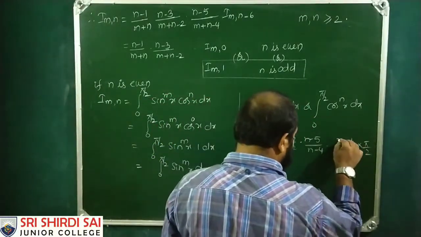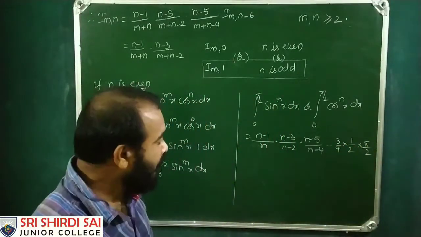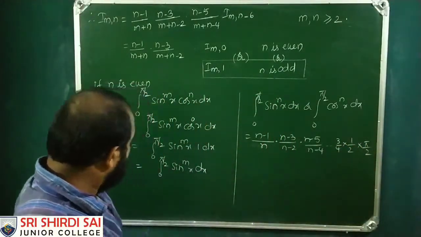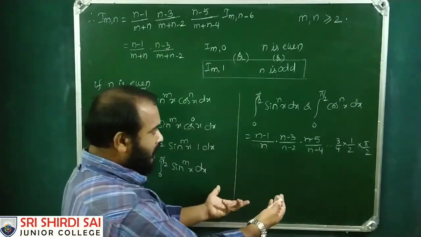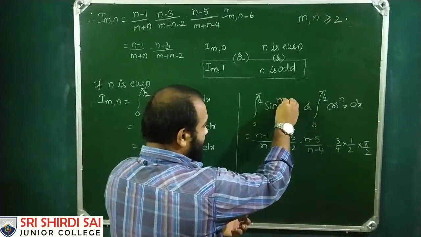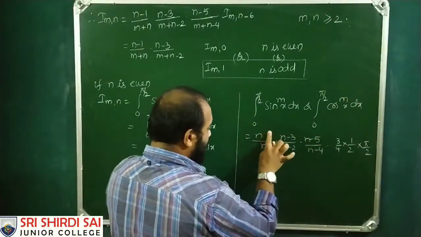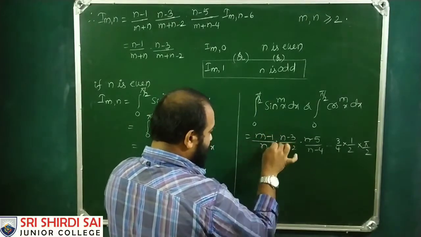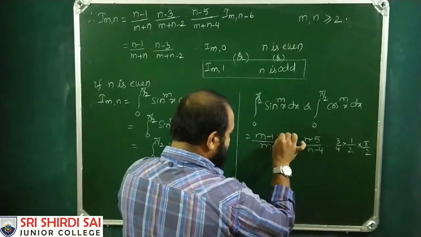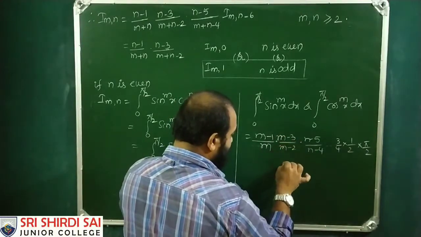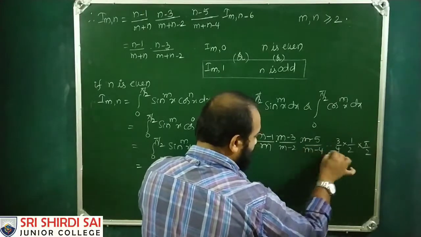If you want the previous term also, I will write 3 by 4 into 1 by 2 into pi by 2. Okay. So now we have sine power mx dx. It won't be changed. If I write m here, then it will be simply m minus 1 by m, m minus 3 by m minus 2, m minus 5 by m minus 4, and so on.